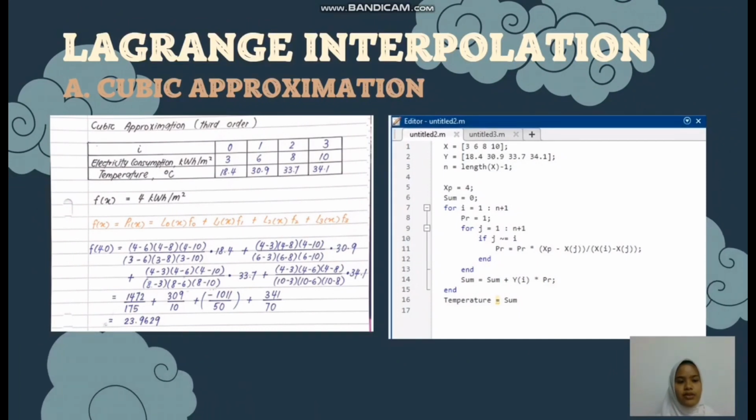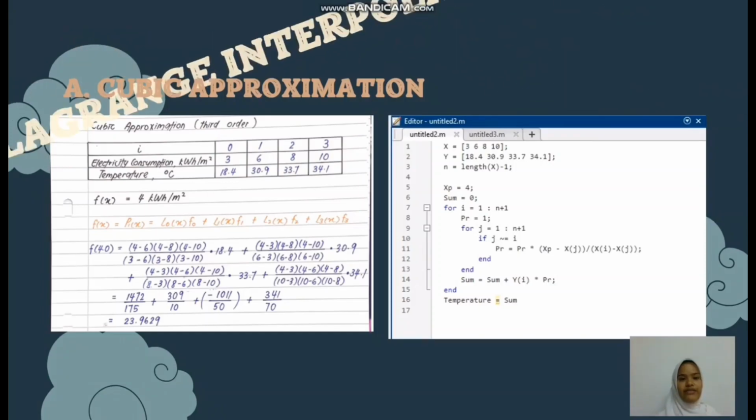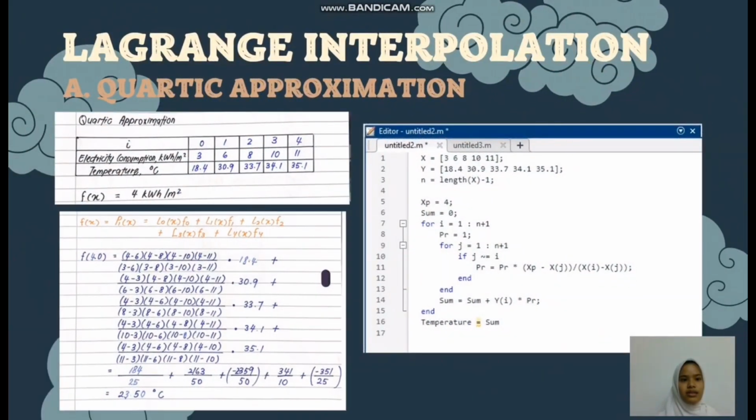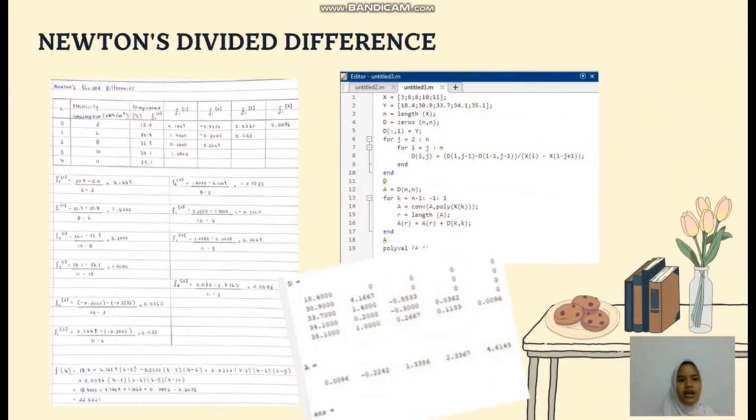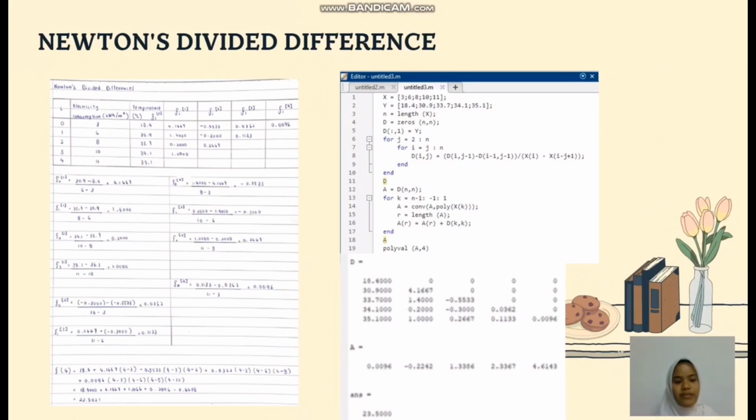For cubic approximation, we do get a slightly different answer, which is the manual calculation is 23.9629 and in simulation we get 23.5. And lastly, for Newton divided difference, the manual calculation is 23.5021 and in the simulation is 23.5, which is quite the same value.